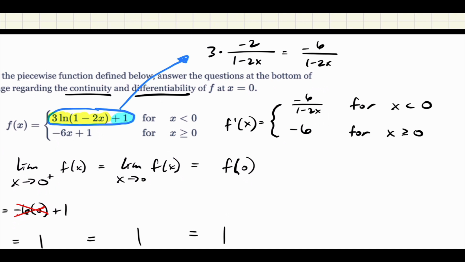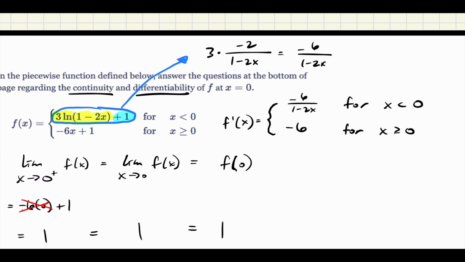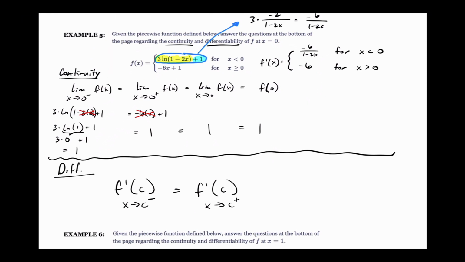So for the less than side and the greater than side, I'm going to plug in 0 for the less than, plug in 0 for the greater than, and see if they're equal. If they're equal, it's differentiable at 0. If not, it's not. Okay, so c for our problem is 0.